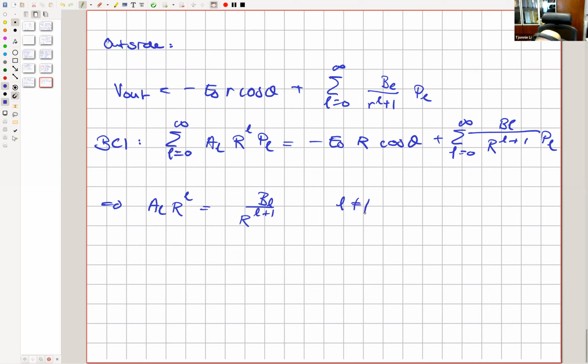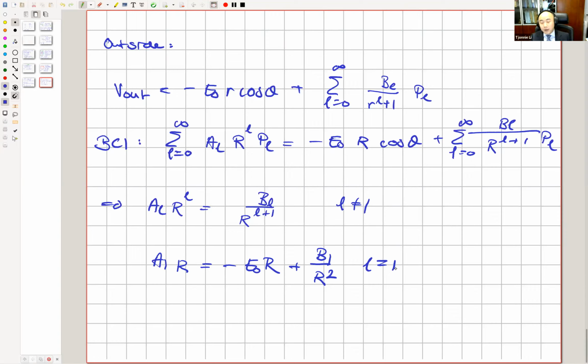for L not equal to 1. And then A_1 R equals minus epsilon naught... minus E_0 big R plus B_1 over R squared for L equals 1.